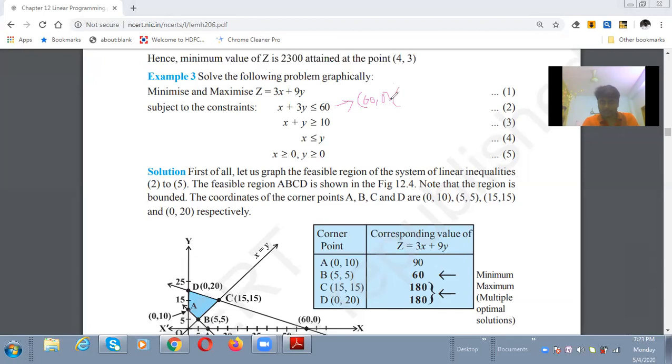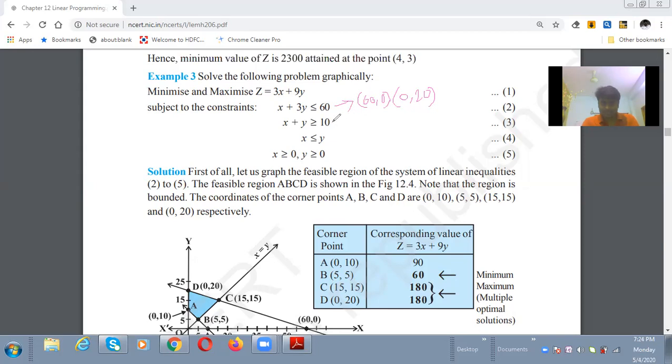On the y-axis the x coordinate is 0, so 0 comma 20 I can take. That is a point on the y-axis for this equation. So 60 comma 0 and 0 comma 20 we can take.